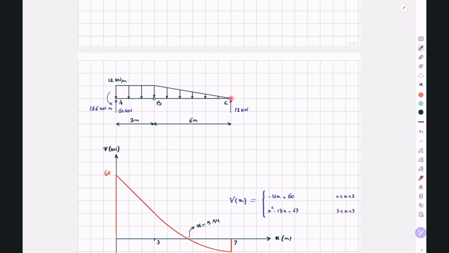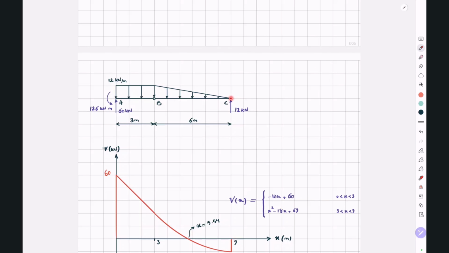You can also see that we have an extreme point between 3 to 9. So if we take the derivative of this function and put it equal to 0 for x between 3 to 9, we will see that at x approximately equal to 5.54, we have a maximum in our bending moment.